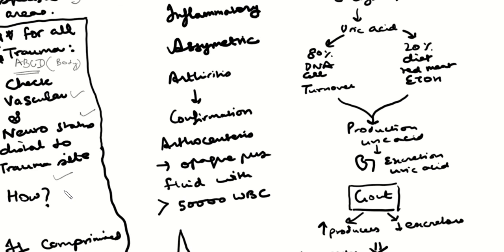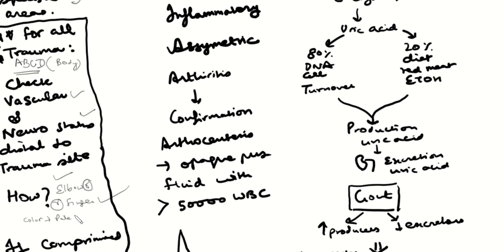Additionally, if there is an injury to a limb, then check the vascular and neuro status distal to the trauma site. How do you do it? Let's say I have trauma in my right elbow. I ask the patient, hey, wiggle your right fingers for me. And then I touch those fingers and say, can you feel it? And if they can, yes, the neuro is good. And then I check and see if the vascular status is good. In other words, color.